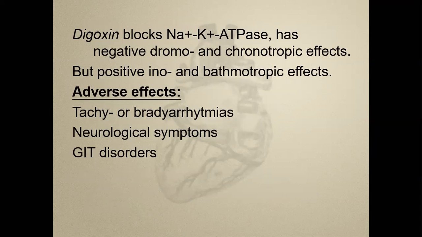As a result, there is an increased level of sodium in the cells. A high level of sodium stimulates sodium-calcium exchange. Calcium flows into cells and stimulates interaction between actin and myosin.